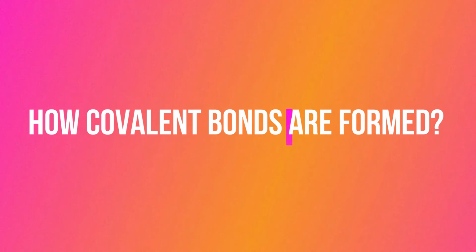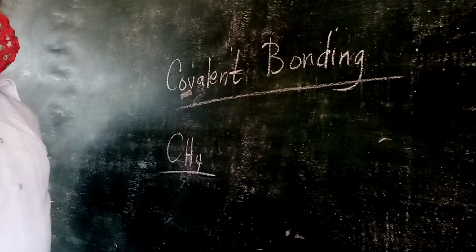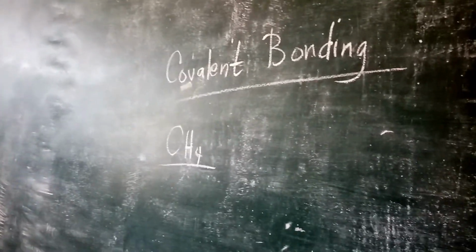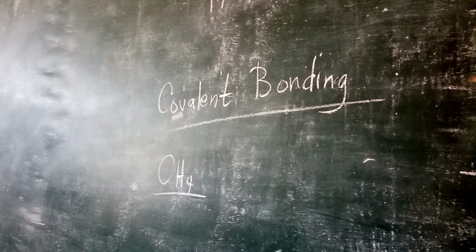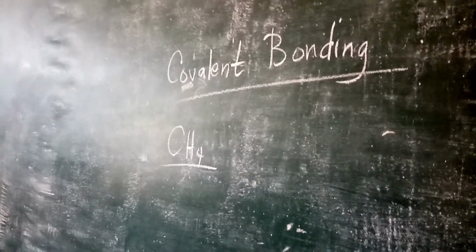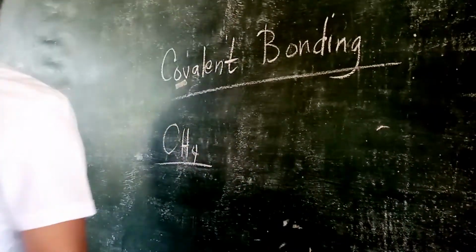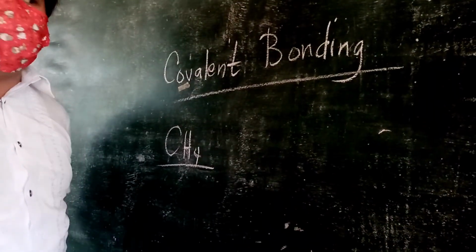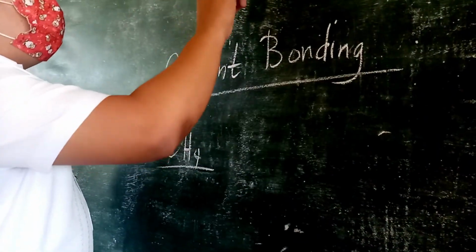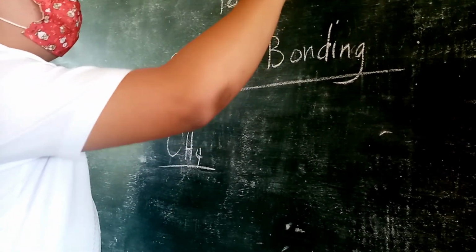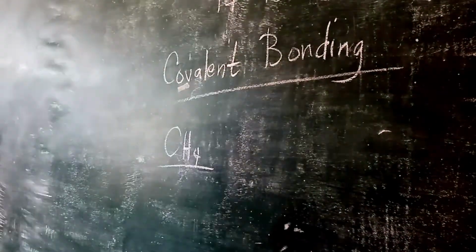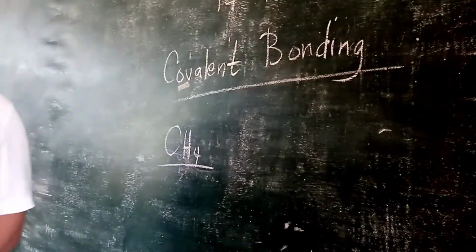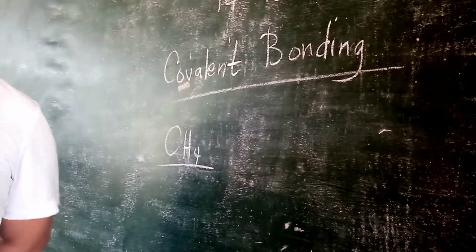Okay, so carbon belongs to group 14. So 14 minus 10 is equal to 4. Therefore, 4 is the valence electrons for carbon. Then for hydrogen, since it belongs to group 1, its valence electron is 1.